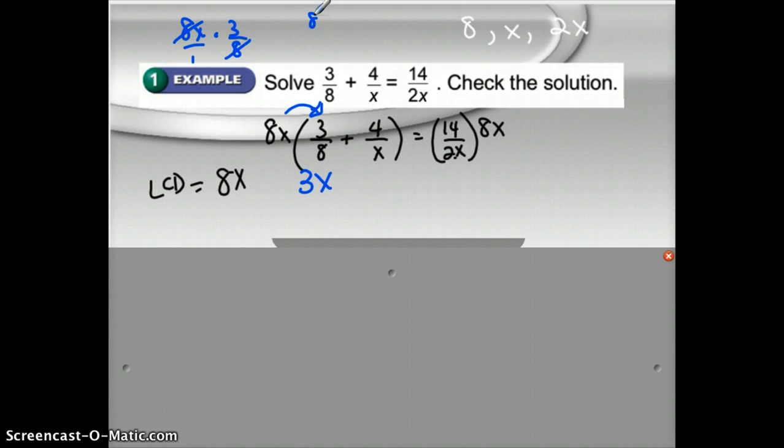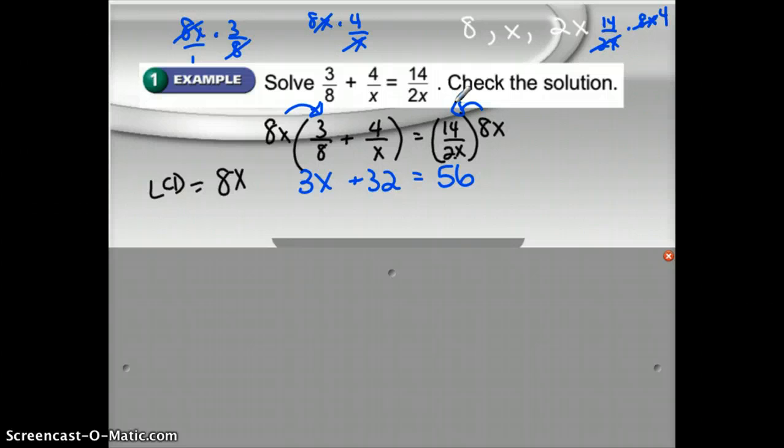If I did 8x times 4 over x, this time I would cancel out my x's and I would just have plus 32. And here, if I had 14 over 2x times 8x, the 2x cancels out and that becomes a 4. So 14 times 4 is 56.